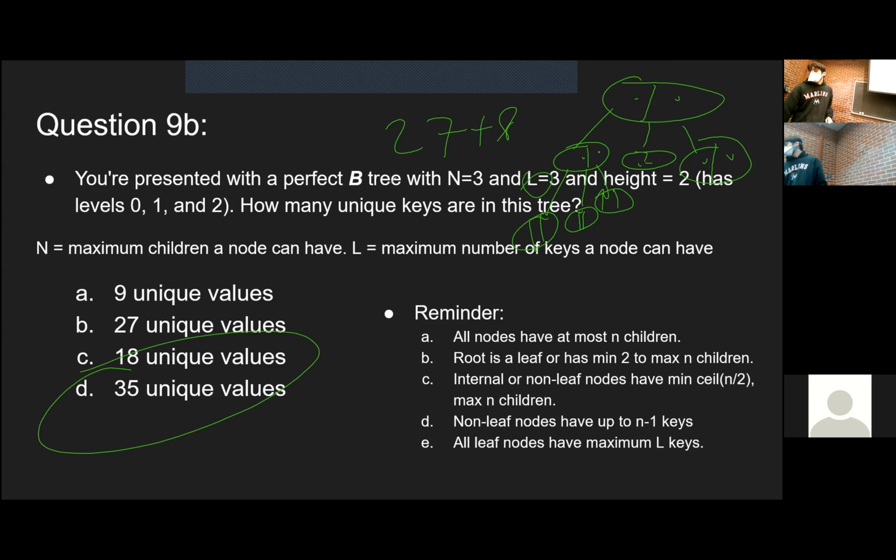So n equals 3. What that's telling us is max n children. If it's perfect, each node has n children, and each internal node is going to have n-1 keys.